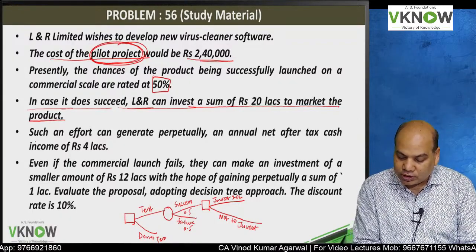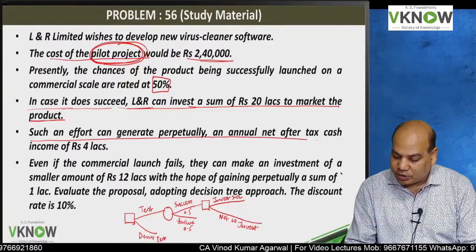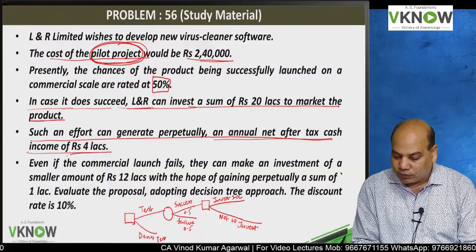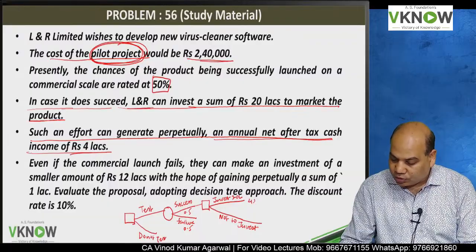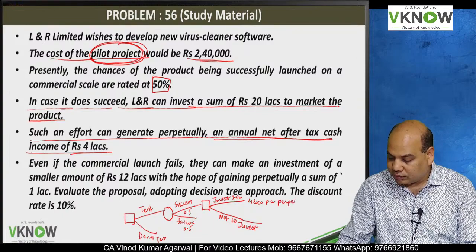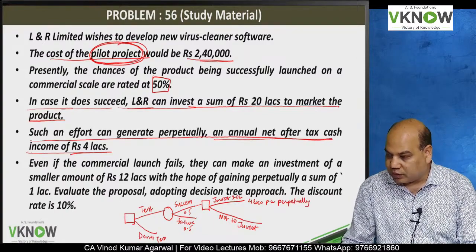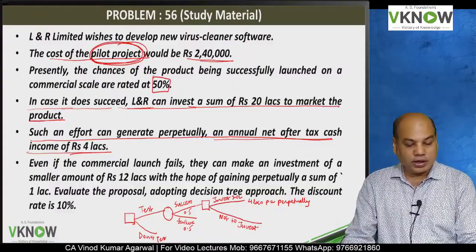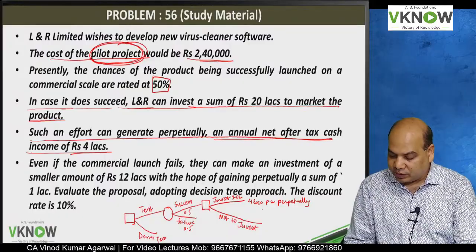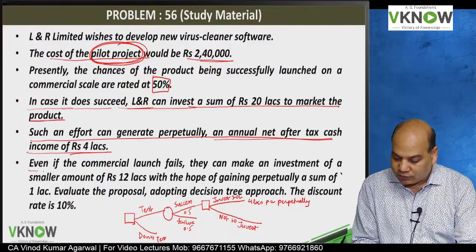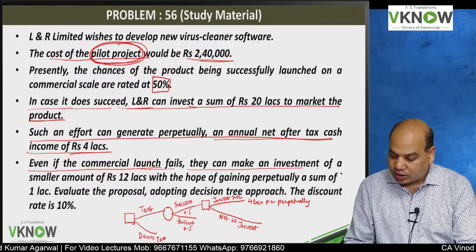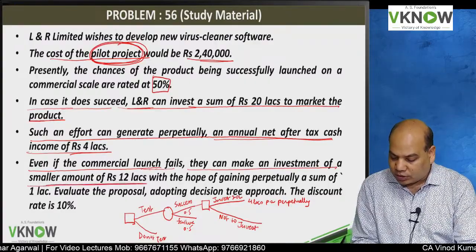If you invest 20 lakh, such an effort can generate perpetually an annual net after tax cash flow of 4 lakh. So you'll get 4 lakh per annum perpetually. For that you have to compute the present value, because 4 lakh per annum forever means there is a present value calculation requirement. If the commercial launch fails, they can make an investment of a smaller amount of 12 lakh.